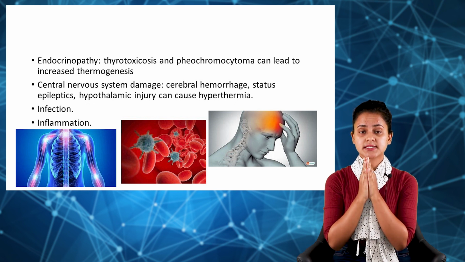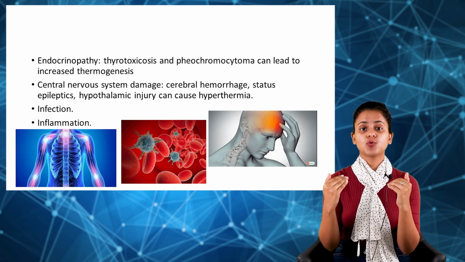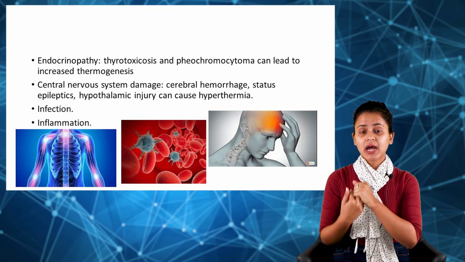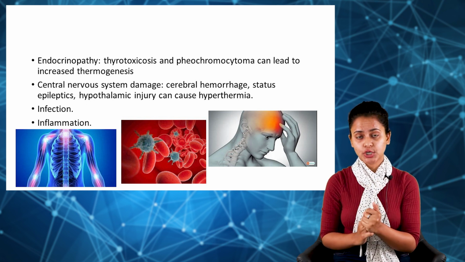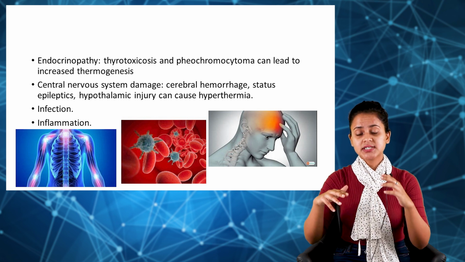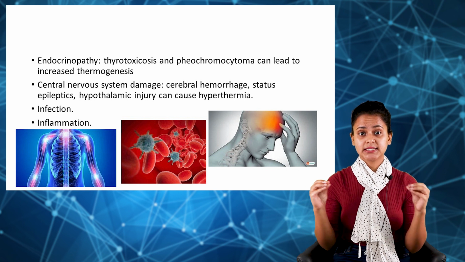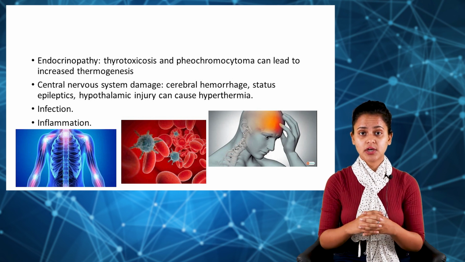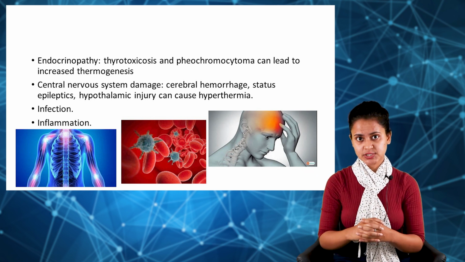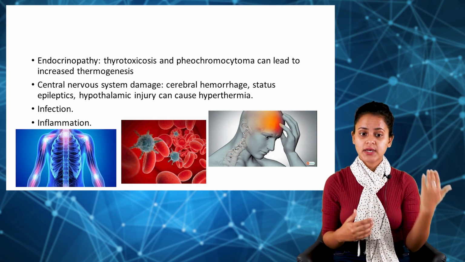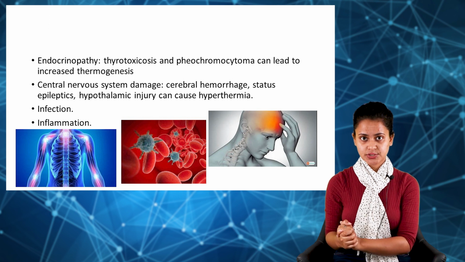Central nervous system damage through cerebral hemorrhage, status epilepticus or hypothalamic injury will often cause dysregulation of the thermoregulation center in the brain. That is the reason the client can present with hyperthermia because of central nervous system damage.